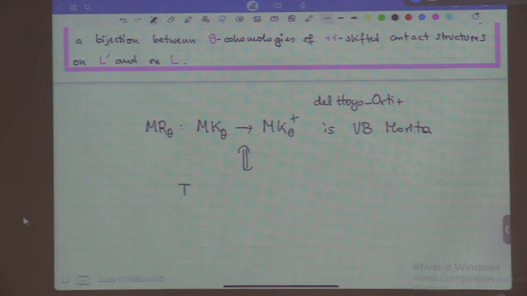And the map induced on fibers looks like this. Here you have A, here you have this.